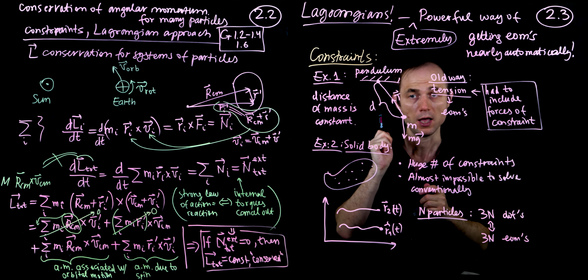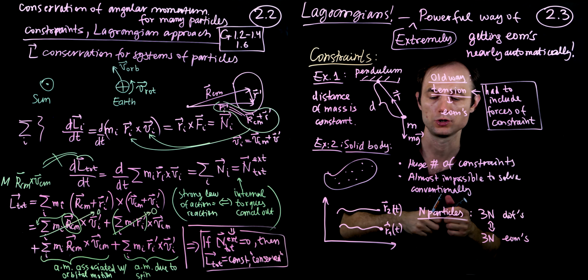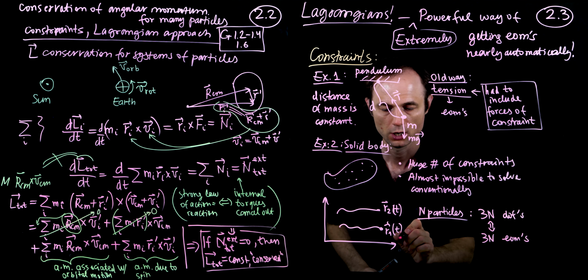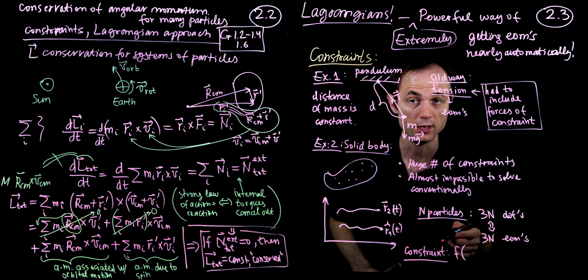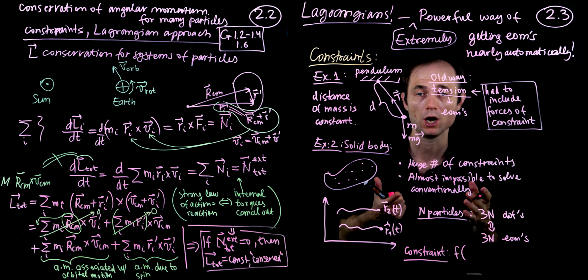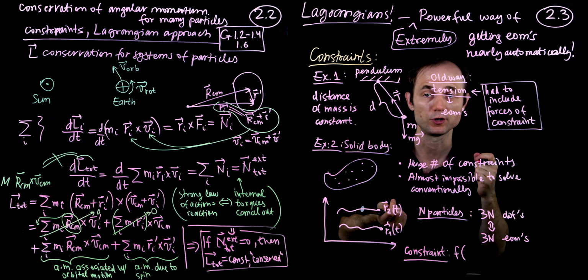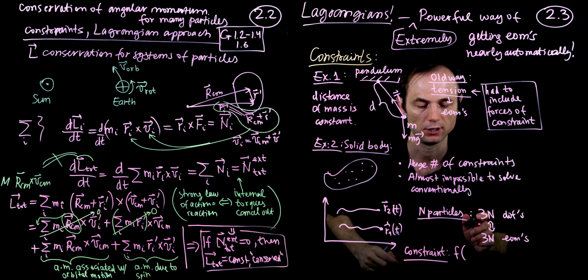So this is where we can start introducing a constraint. How does a constraint look? A constraint is a restriction on where the different particles of our system can be.